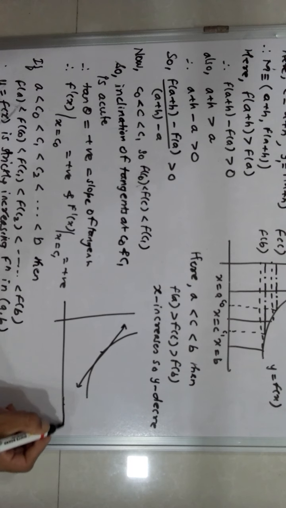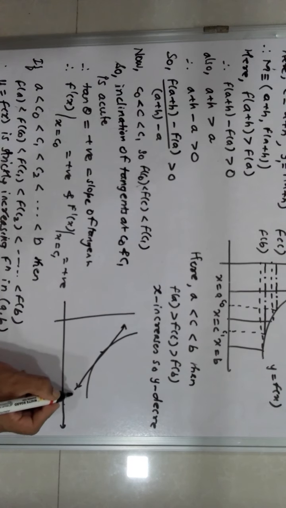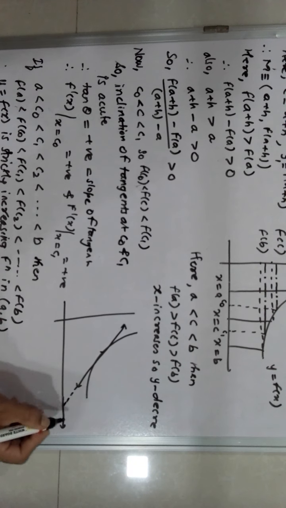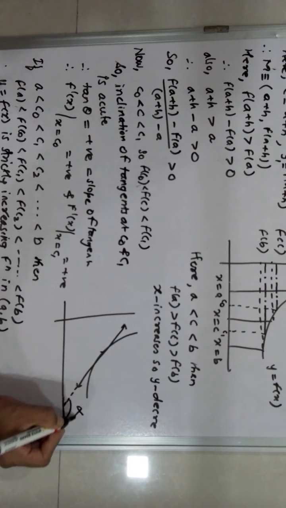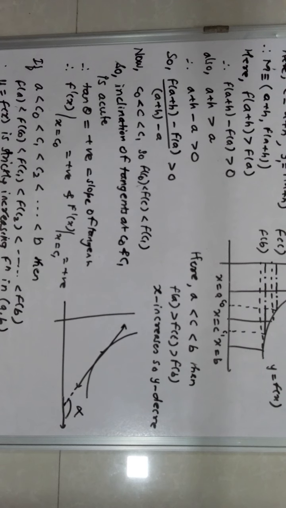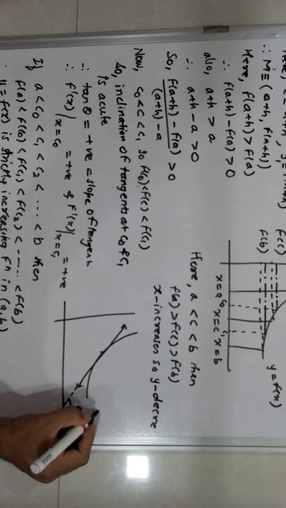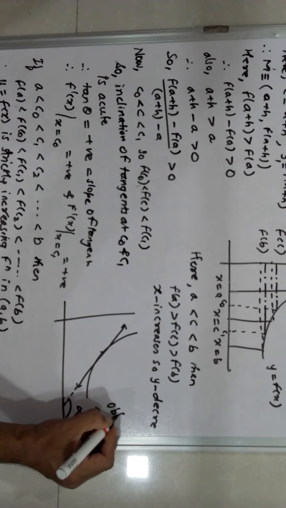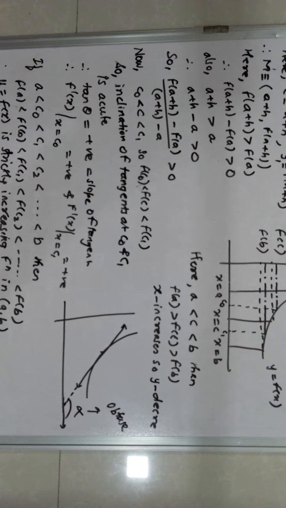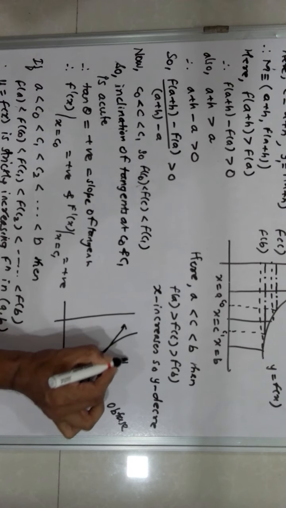Now if I extend that tangent, then I get this angle which is alpha. So this tangent is forming alpha with the positive direction of the x-axis, and that alpha is an obtuse angle. In local language, it is more than 90, that means it falls in the second quadrant.